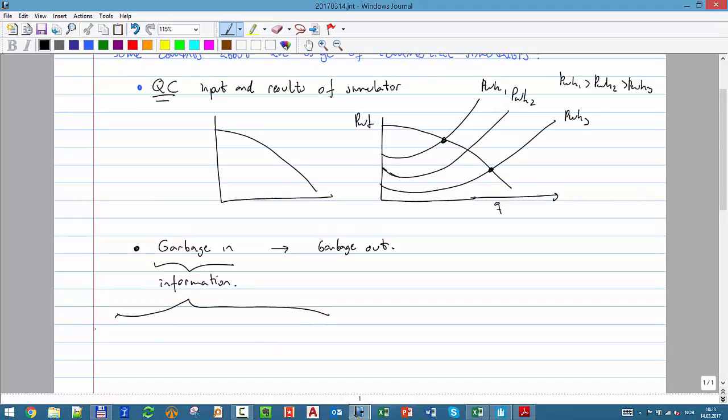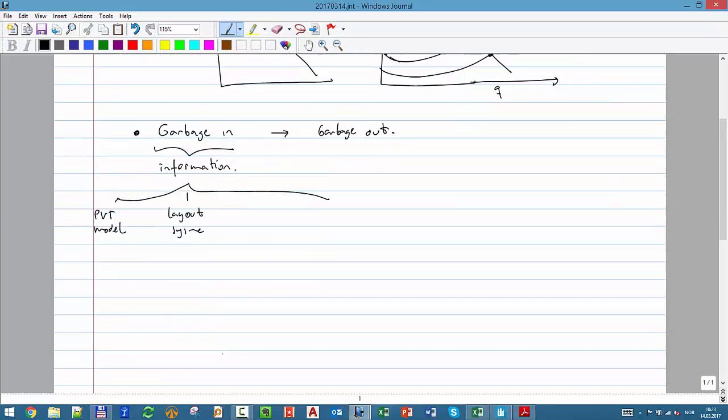Some we need, like a PVT model, usually we get in production from reservoir engineers. We need some layout, a well layout of the production system, or we can call it the production network, and for example we can get that from the subsea department.